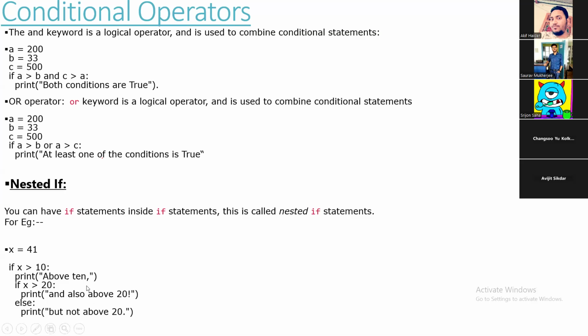With 41 as the value, it is always above 20. So not above 20 means the value given is not more than 20. That is the nested if condition.